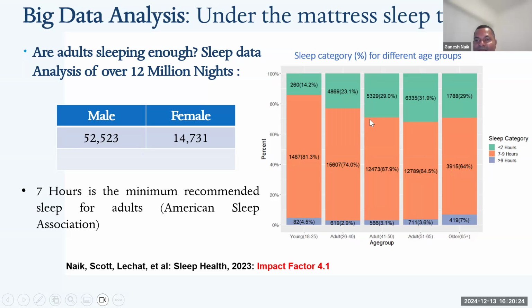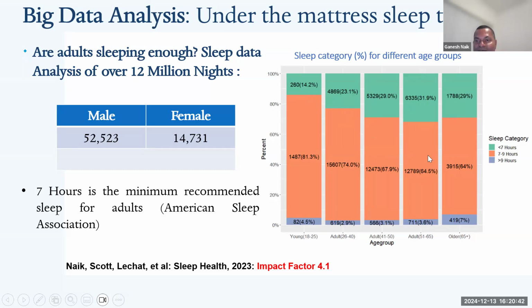graph, only 14.2% of the young adults slept less than 7 hours. And then you see that percentage increases in the adults group.